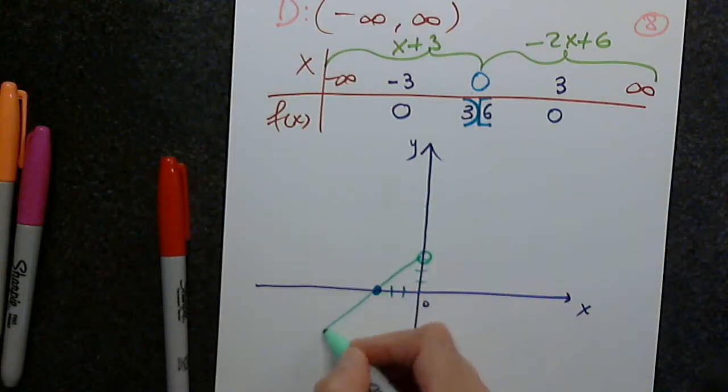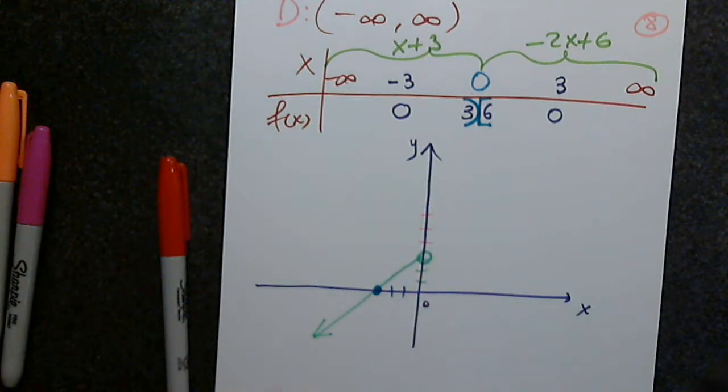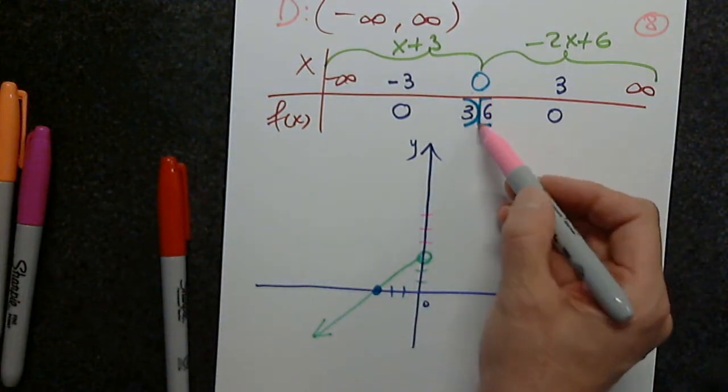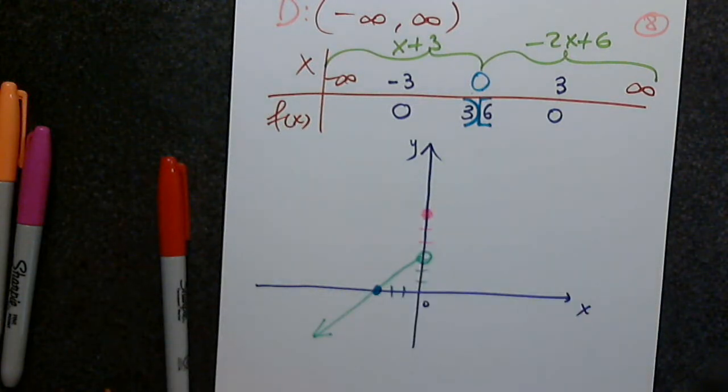And this is the first branch. No one can extend it to the right, and it's done. Next ordered pair, please. 0, 6. Very good. 3, 4, 5, 6. What type of point is this? Yes, because I was allowed to plug in 0. The bracket says the point is full.